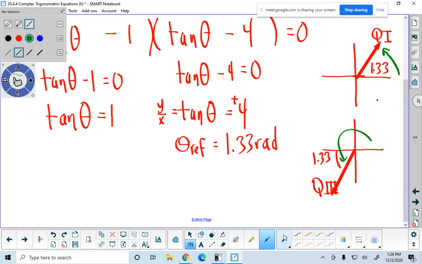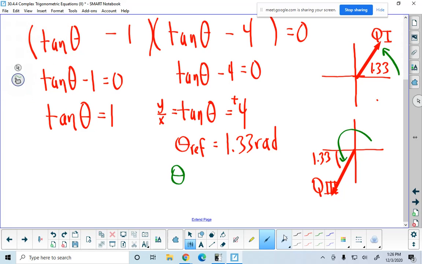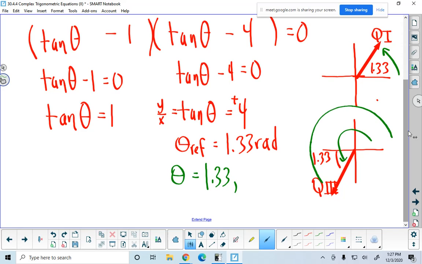So in the first quadrant, if the reference angle is 1.33, the rotation angle is 1.33. In the third quadrant, if the reference angle is 1.33, we need to add pi to that, because from here to here is pi, so we need to add 1.33. Do you get 4.47? Okay, so 4.47.